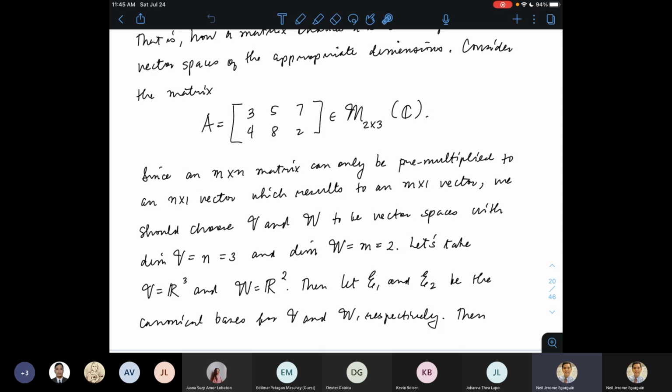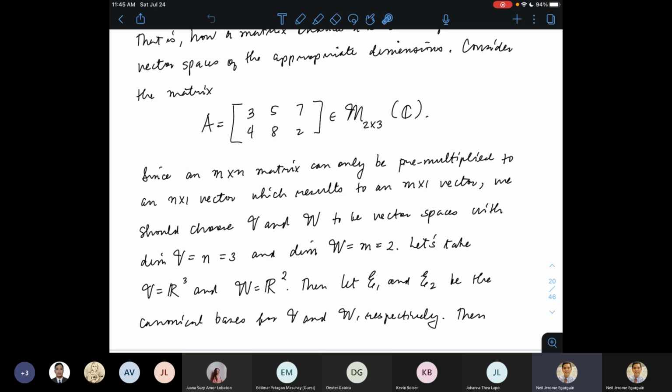So in doing the matrix representation, we would like to choose the proper dimension for our domain and codomain when we translate a matrix into a linear map. So since we have a 2 by 3 matrix, which can only be multiplied to an n by 1 vector, actually in general, to any n by p matrix, right?